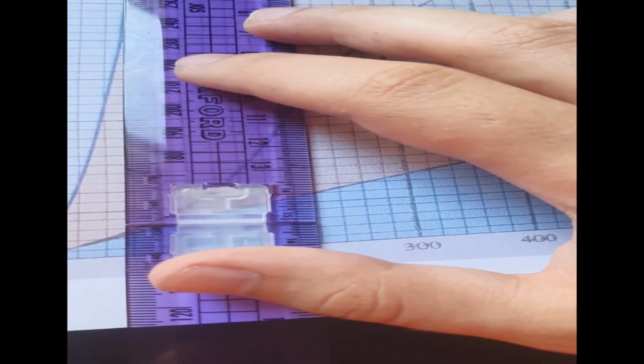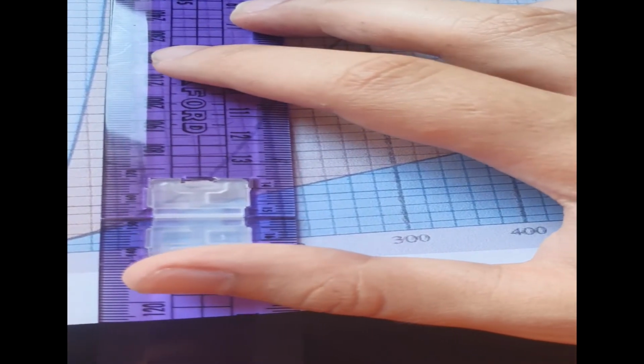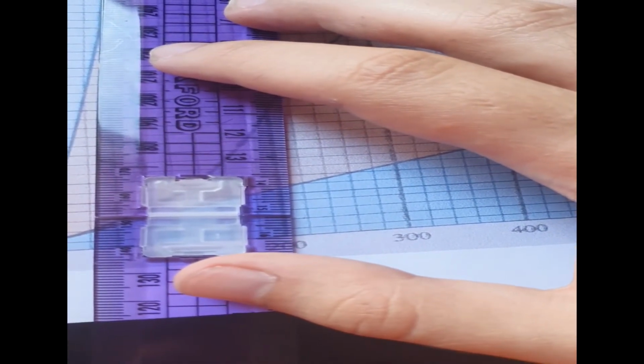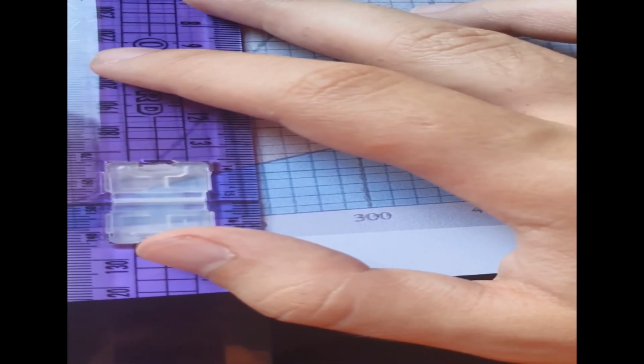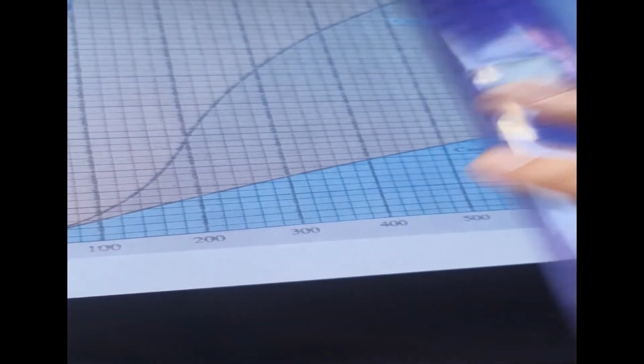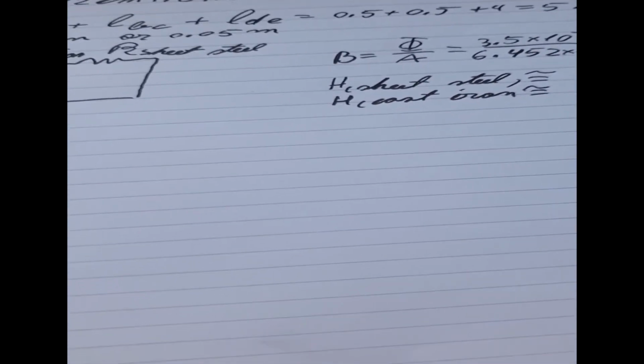Then we look straight down from it, and that will be around here. There you go. And what is that? It's like 20, 40, 60, and a half, so it's like 70. So for the sheet steel it is equal to 70, 80 ampere turns per meter.